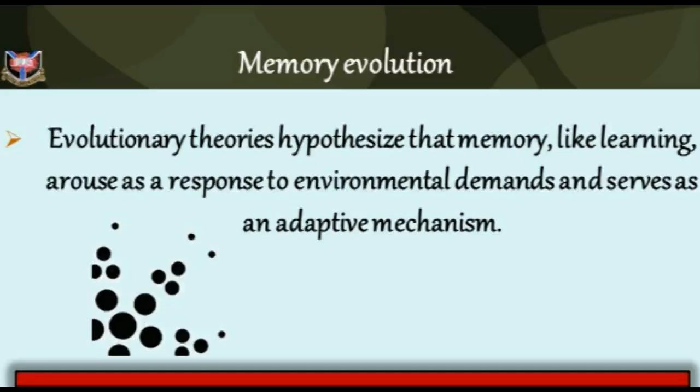Memory exists because it is a useful mechanism that permits the animal to repeat helpful behavior and avoid repeating harmful behaviors. Evolutionists state that each species used memory to adapt to its environment. Human memory has also evolved adaptively.